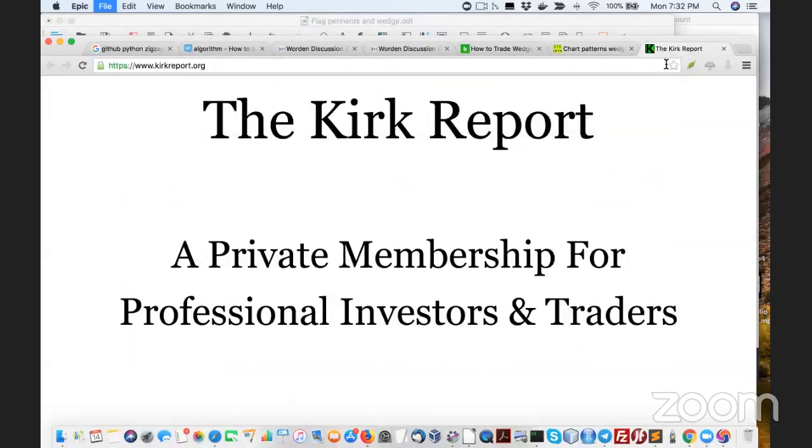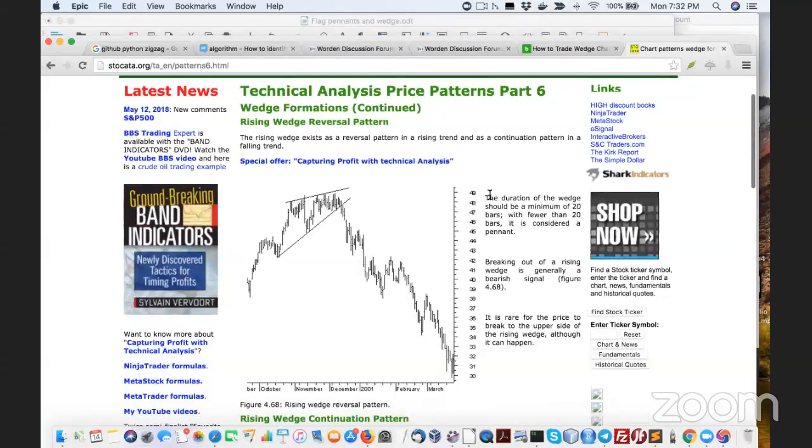And here, we can go back into the general rules. These are all explained here, and I'll put that into the Zoom as well. So again, the duration of the wedge should be a minimum of 20 bars.